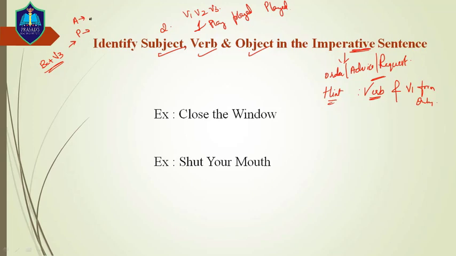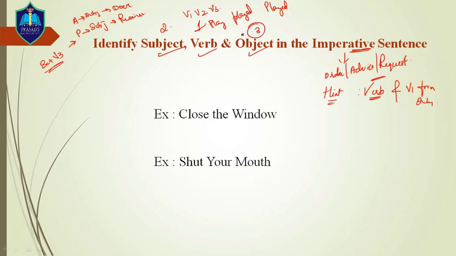Else it is in the active voice. If it is in active voice, our subject will be the doer. And if it is in the passive voice, the subject will be the receiver. So this is the rule to identify the subject, and then later we have to identify the object.